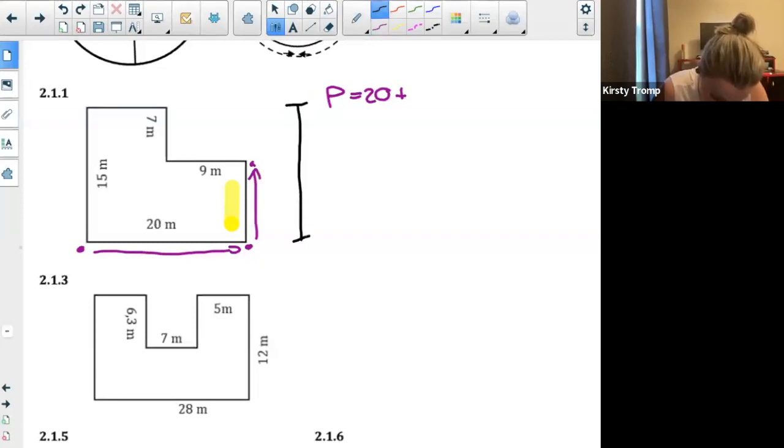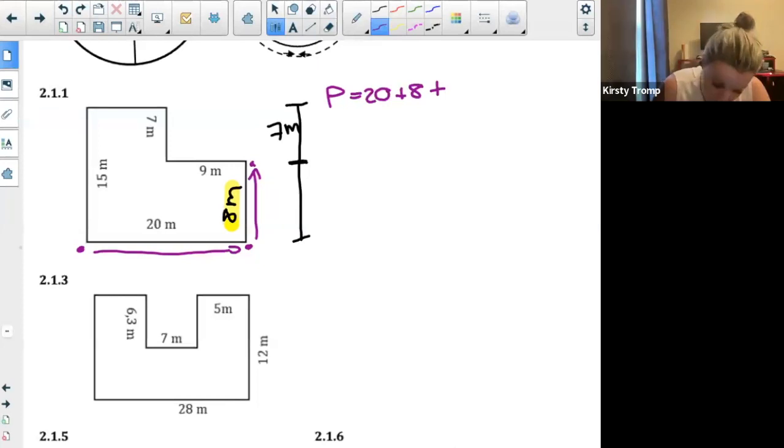The total length equals 15. We know that from there to there is equal to 7. So if the whole thing equals 15 and that part equals 7, it must mean that this is equal to 8. Well done. So we've got 8 plus.